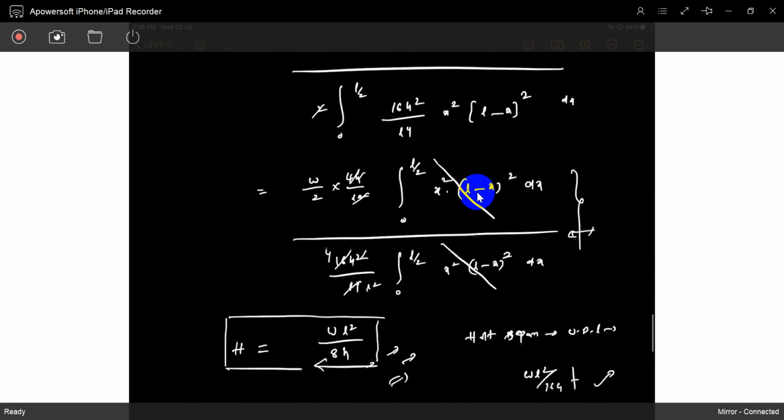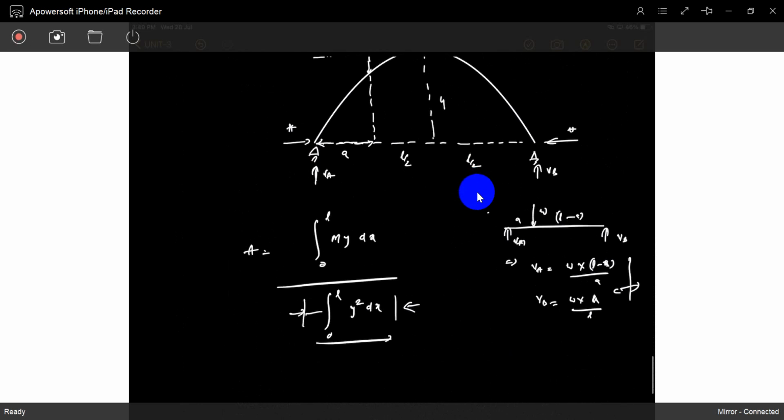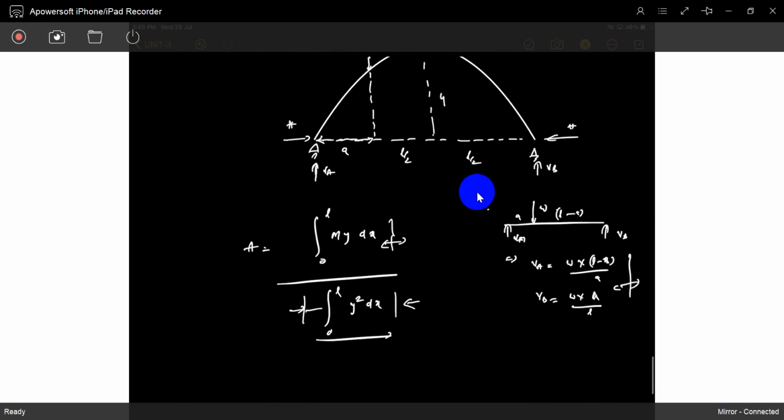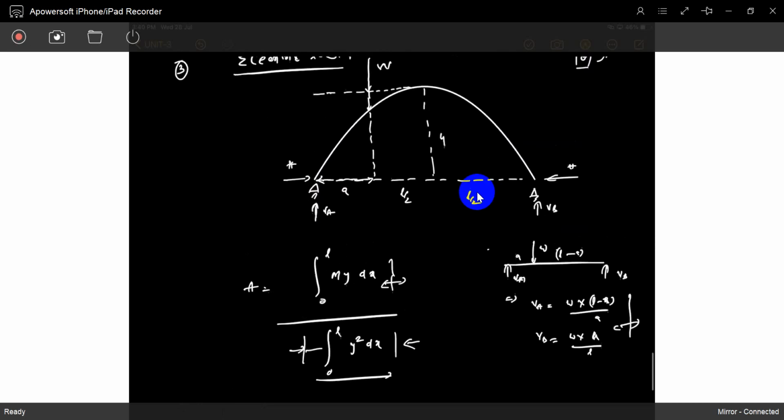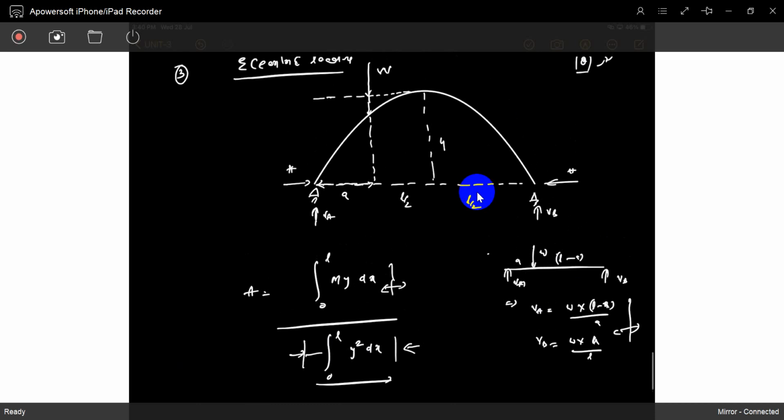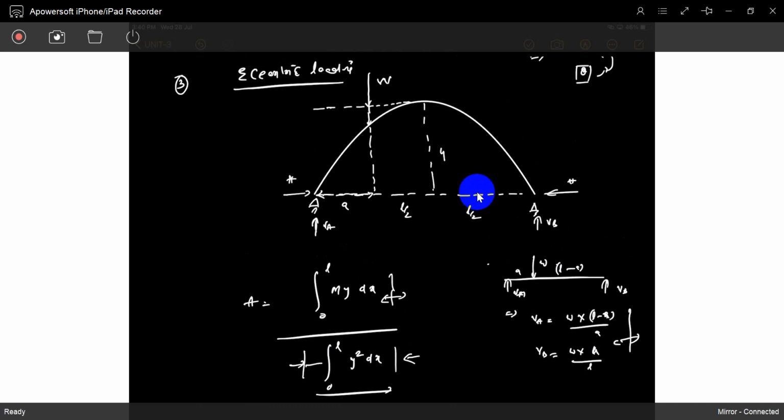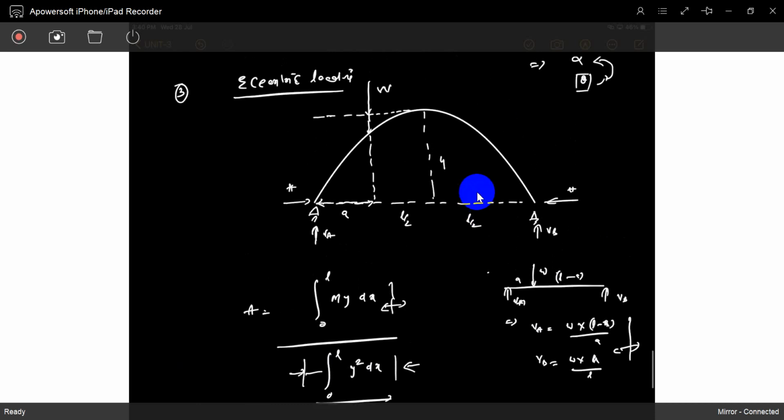We already solved it. But this has some lengthy equations, because the moment is not the same across the span. So you have to take 0 to A, and the moment varies from A to L, a different moment equation.